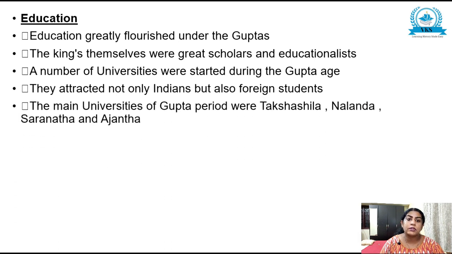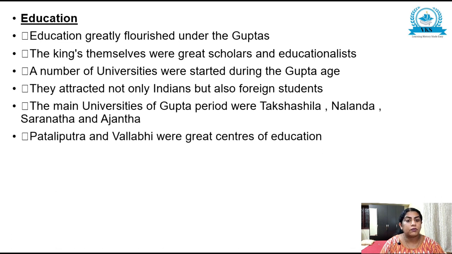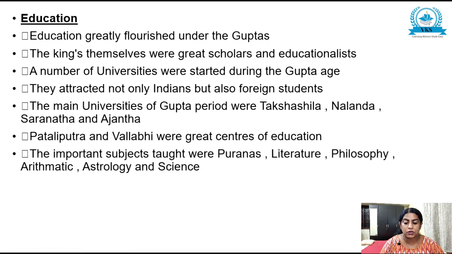The main universities of the Gupta period were Takshashila, Nalanda, Saranath, Ajanta. Patliputra and Vallabhi were great centers of education. The important subjects taught were Puranas, literature, philosophy, arithmetic, astrology and science. So this was the progress in education during the Gupta period.